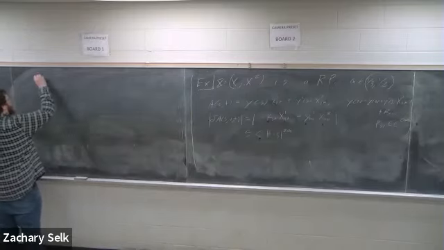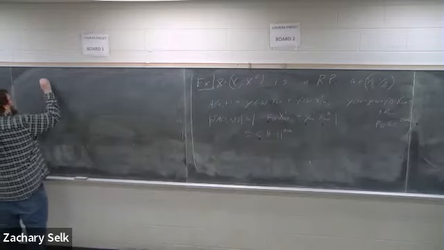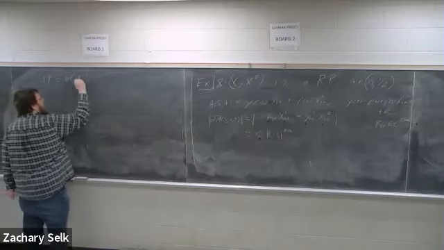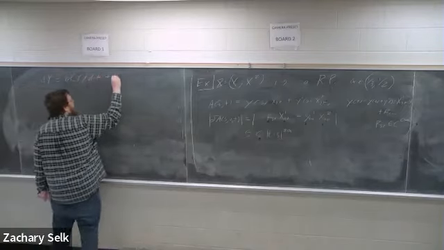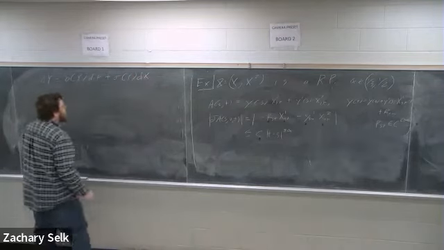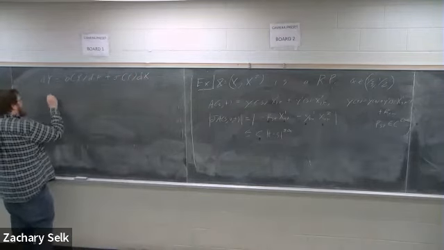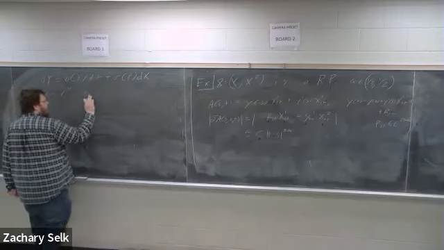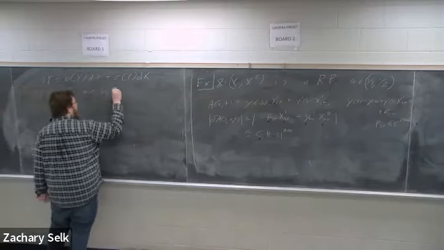Let's say you have the differential equation dy equals b of y dt plus sigma of y dx, where x is in C to the alpha, alpha between 1/3 and 1/2.